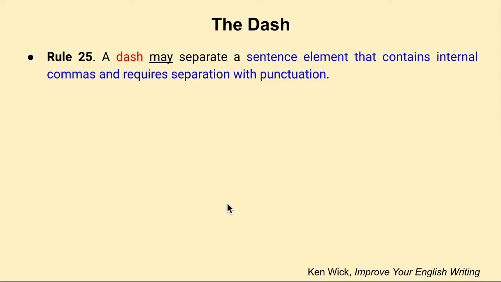Let's move on to rule number 25. A dash may separate a sentence element that contains internal commas that requires separation with punctuation.